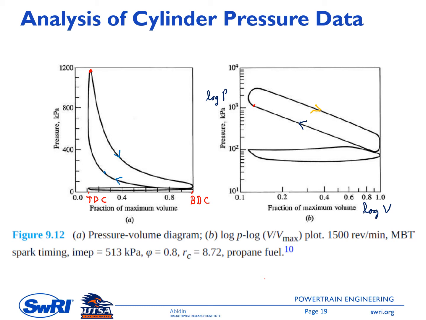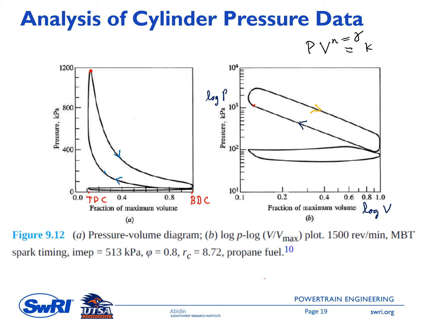In Thermo 1 or Thermo 2, you know that the polytropic process is represented by this formula: PV to the power of n equals constant. Here n is the polytropic exponent. For the compression stroke it might be around 1.3, and for the expansion stroke it can be around 1.33, so n here equals gamma, the specific heat ratio.